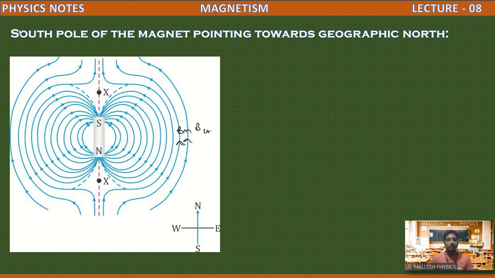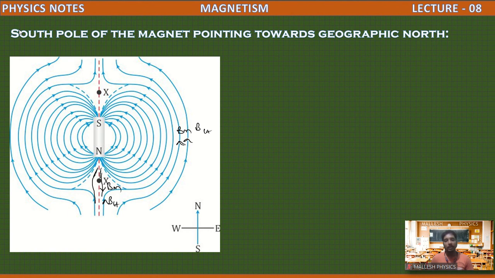But on the magnetic axis, if you see here, this is the direction north to south. These magnetic lines are coming out from the magnet like this, and the Earth's magnetic lines are going away. So this is the Earth's magnetic field, and here at north, these magnetic field lines come outside like this. The magnetic field due to the bar magnet is acting downward, and the magnetic field due to Earth's horizontal component is acting upward.